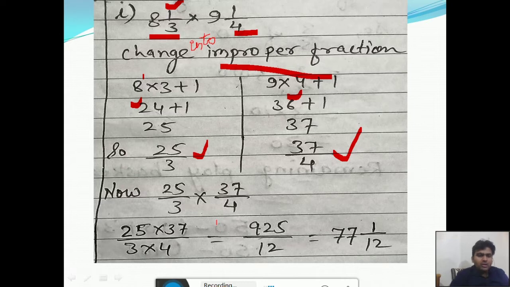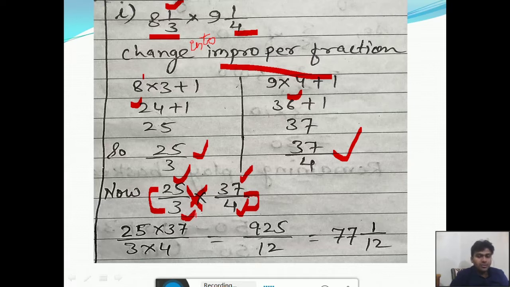So here also we are looking: the numerator and denominator cannot be simplified, and the numbers cannot be simplified in cross also. Cross means the numerator of the first fraction cannot be simplified by the denominator of the second fraction, like this, the numerator of the second fraction cannot be simplified by the denominator of the first fraction.